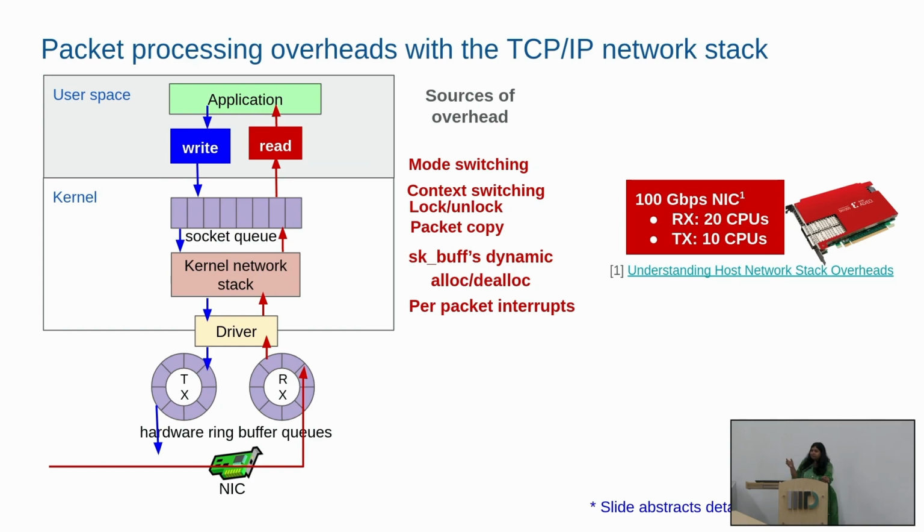Like for example, if we look at the tasks, one is you have to check the checksums and everything at each layer, and you have to do the fragmentation, you have to coalesce the packets, keep waiting for the packets to come back. So there's a lot of processing compared to the TX path, because no errors, nothing is there, you don't have to do error handling and stuff. So the computation heavy component is the RX path.